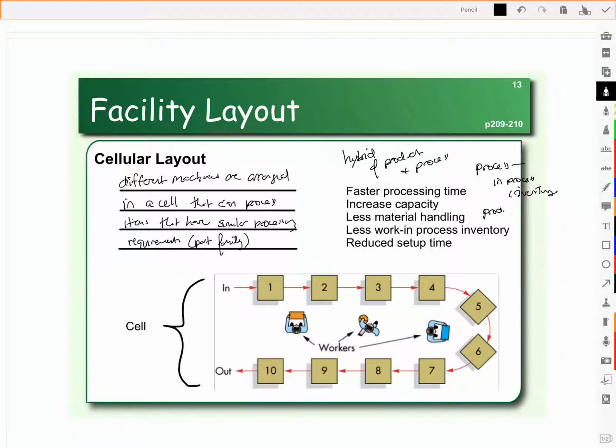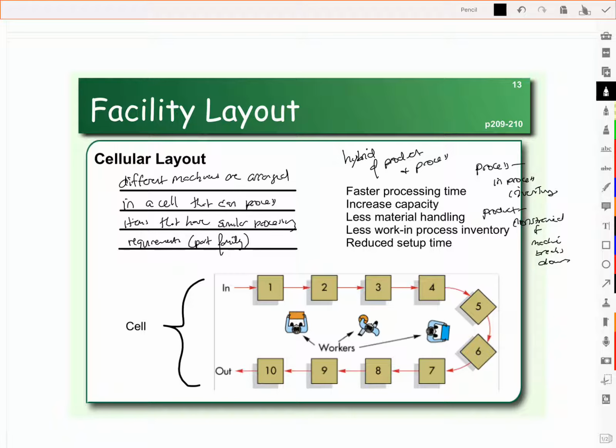It has the benefit over a product layout that you're not constrained if a machine breaks down. So the problem with the product layout, remember the car wash, is that if the soap dispenser broke, you couldn't actually wash anyone's cars.